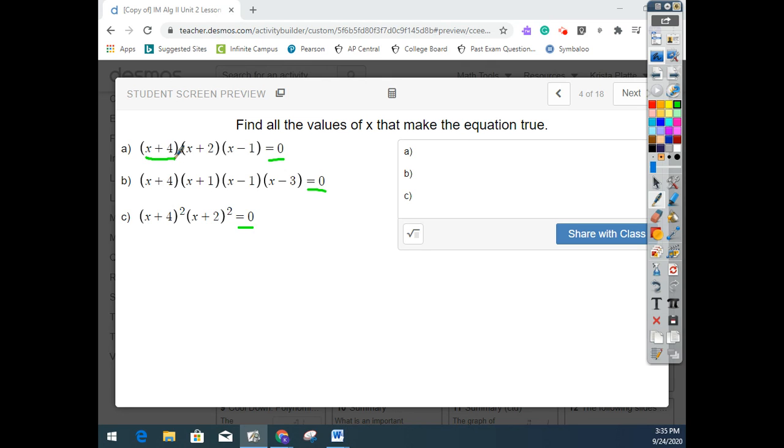What makes x plus 4 equal 0? When x equals -4. What makes x plus 2 equal 0? When x equals -2. What makes x minus 1 equal 0?